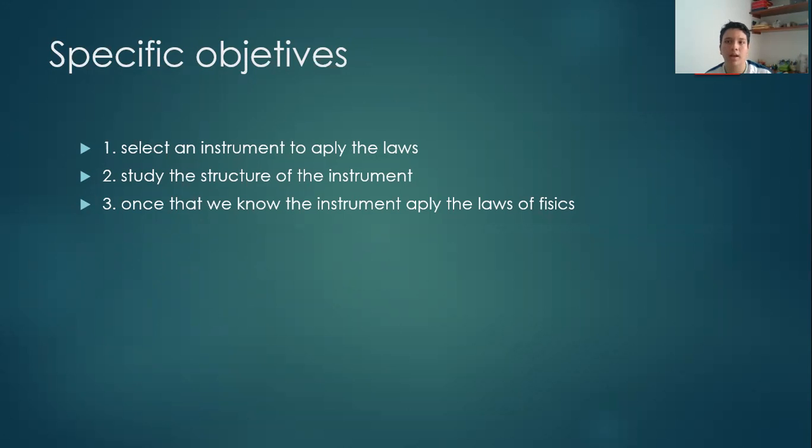Depending on the kind of instrument, it uses different types of laws. So first, select an instrument and apply the laws to it. Second, study the structure of the instrument and the laws of physics. And then apply the laws of physics, right?